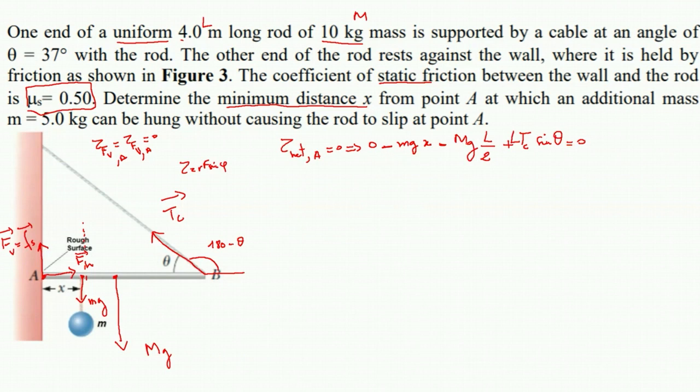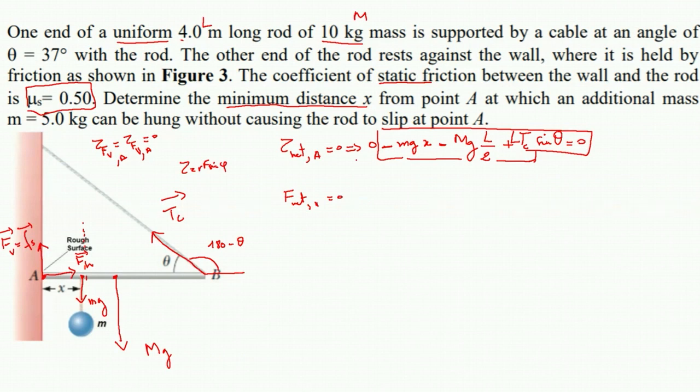First equation, how many unknowns? 2 unknowns. I don't know TC, but I also don't know x. Now let's get TC. How can we get TC? Let me apply the balance of forces. Net force along X should be equal to 0.